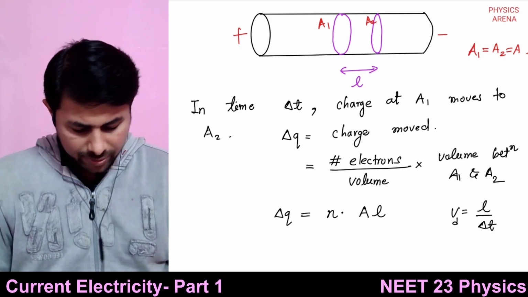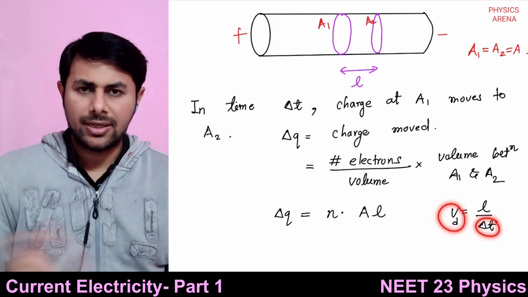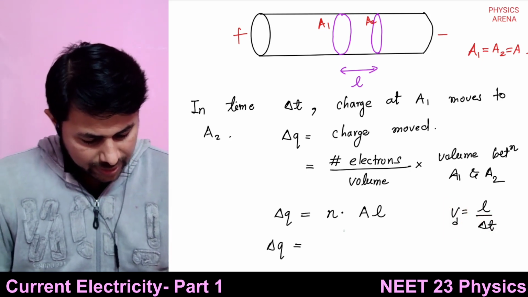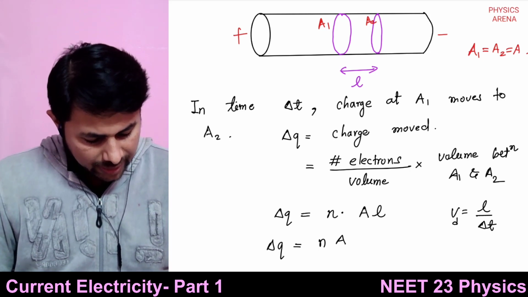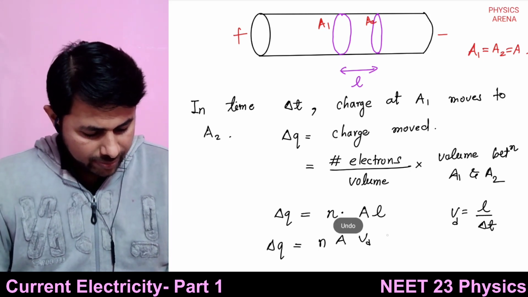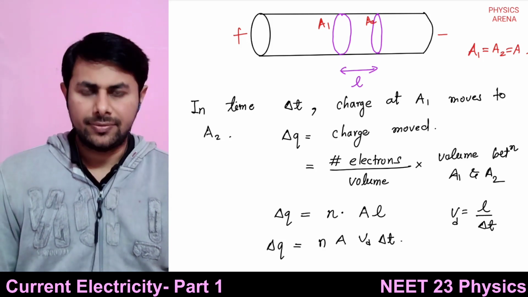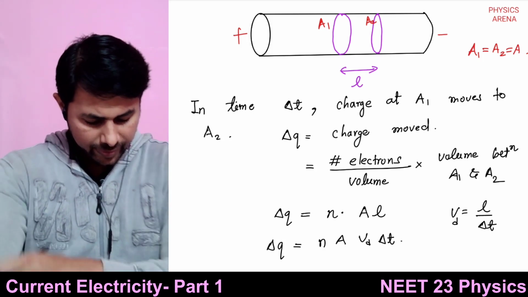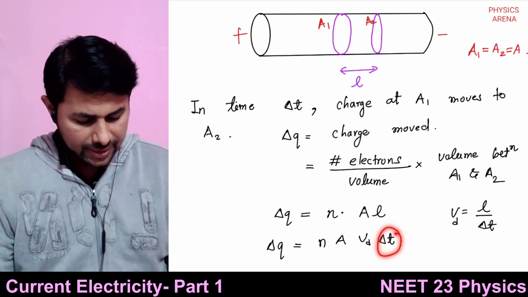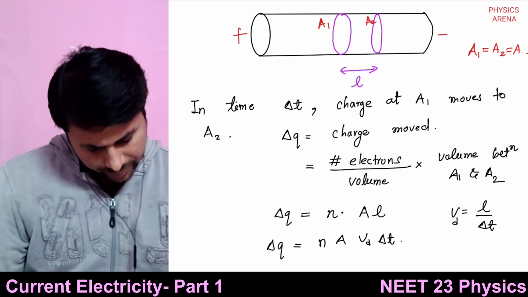So L is equal to Vd multiplied by delta t. So you get delta Q is equal to n times A multiplied by L, sorry, Vd multiplied by delta t.